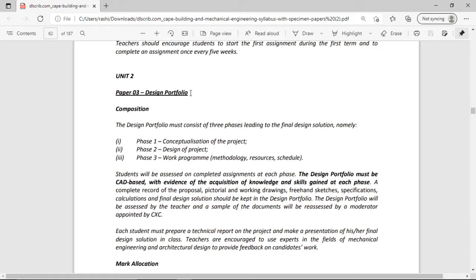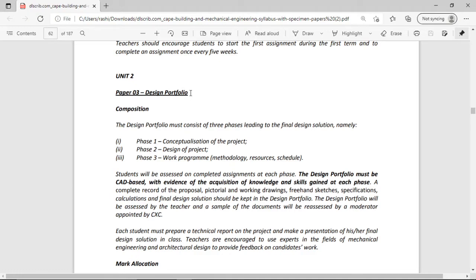So it's not just about having the drawings. You will have your report. So let's say, for example, you're designing a house or an apartment building, and there should be evidence.